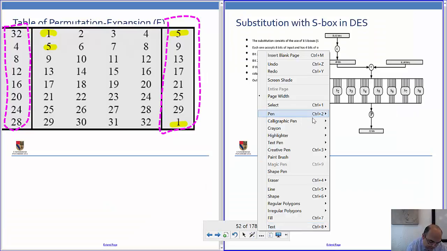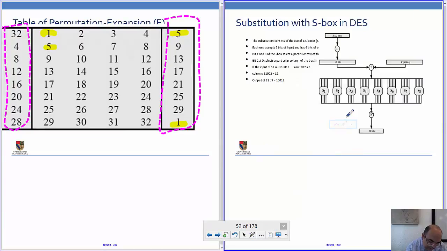So we are going to have here 48 bits. Okay? What are we going to do? We are going to group those 48 bits in several groups, 8 groups.